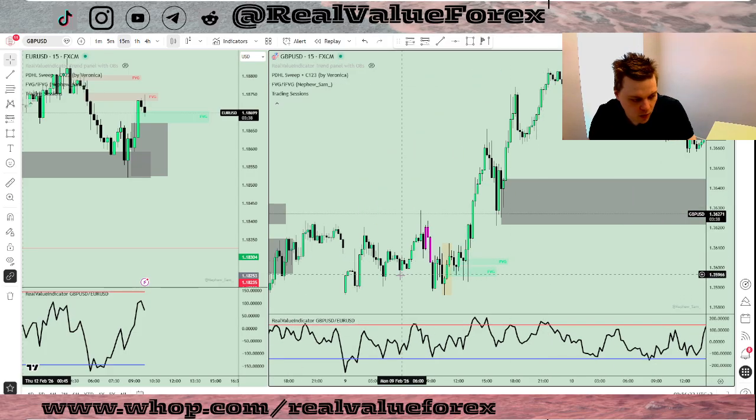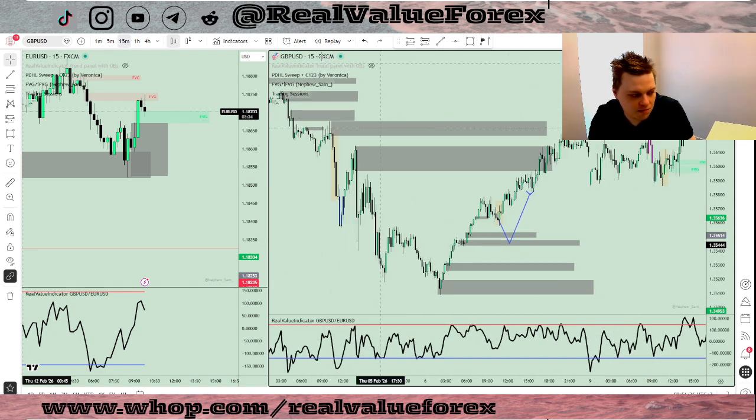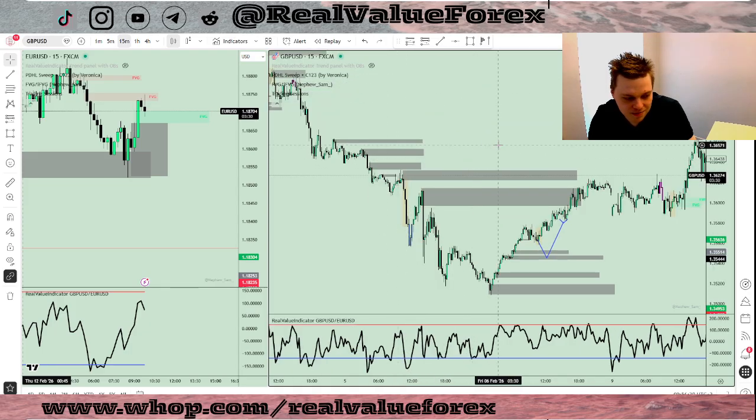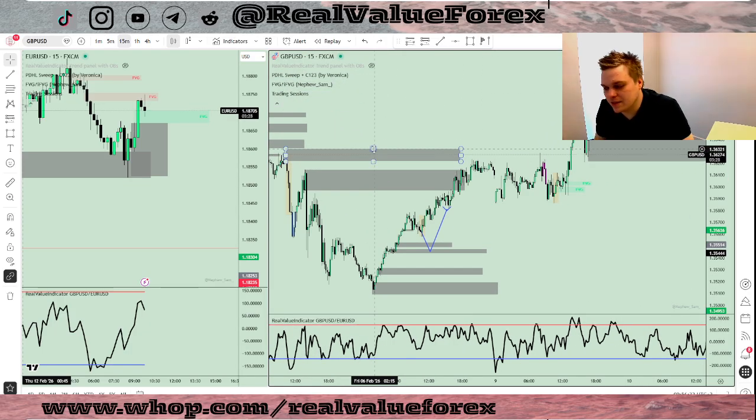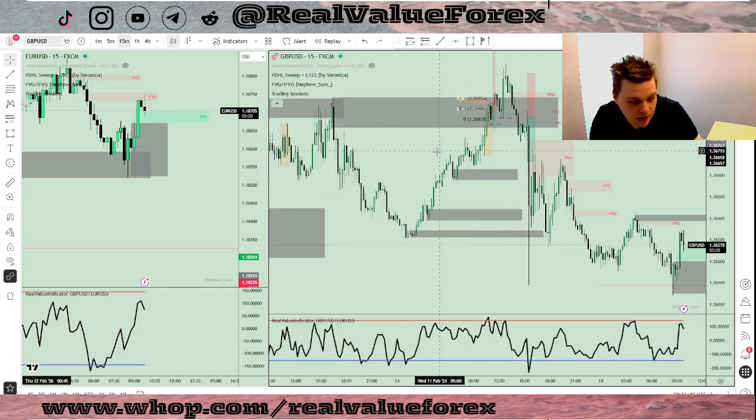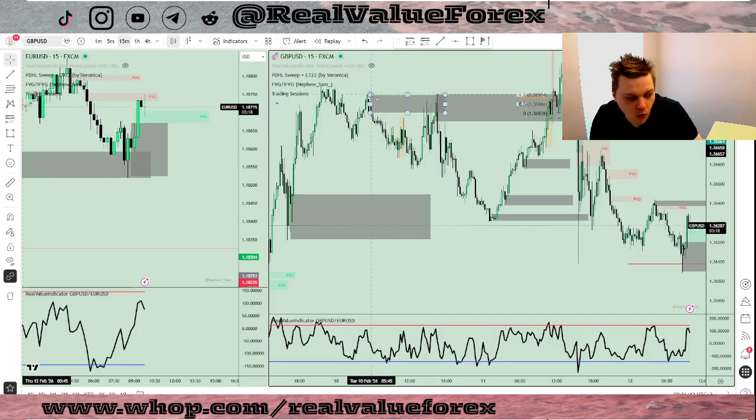So when the momentum is clearly up and there is some order block in here, for example, that's not really recent. So the recent movement plays a lot more role in here. And what happened yesterday was kind of old structure.